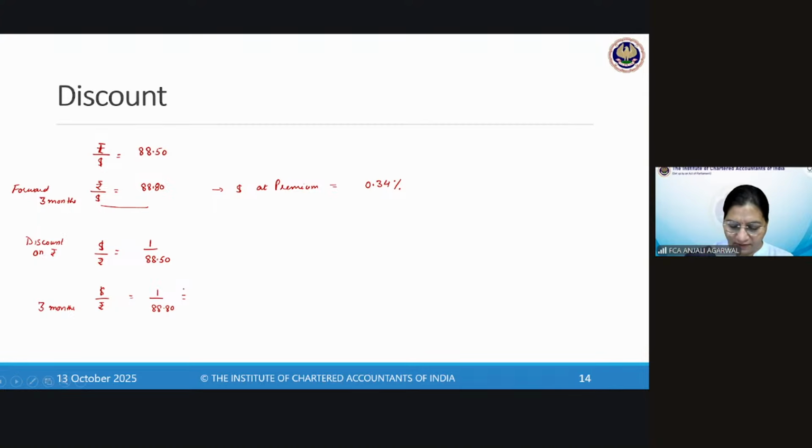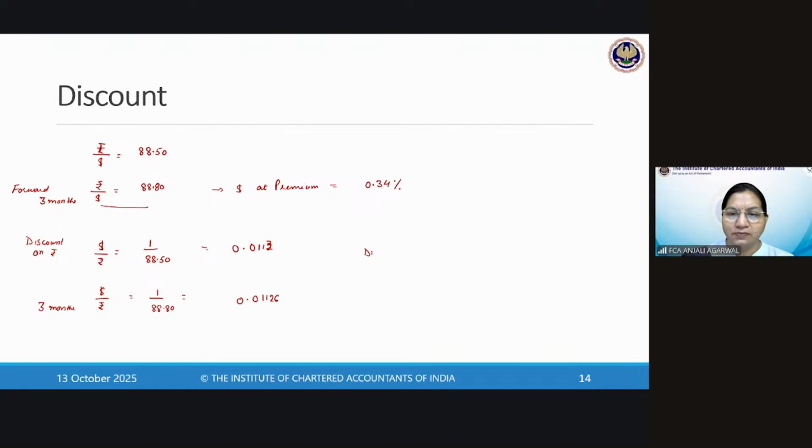So when you calculate the inverse quote, 1 divided by 88.5, you end up getting 0.01129. We'll keep it to 3. And 1 divided by 88.80 gives 0.01126.